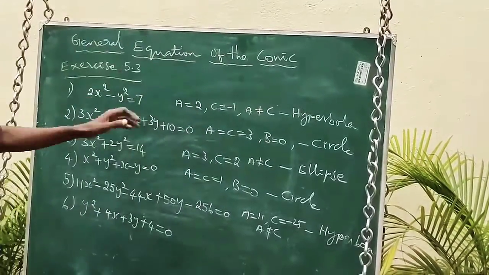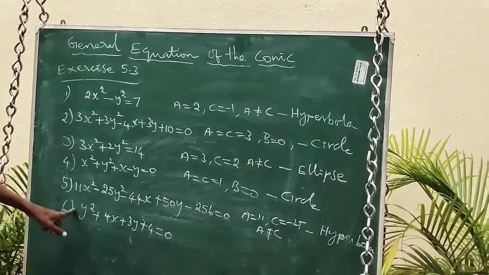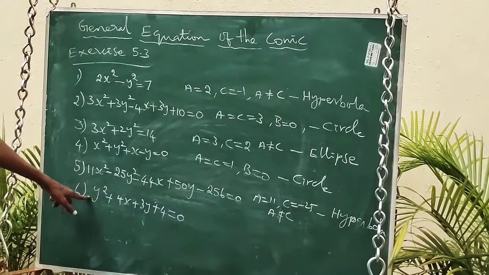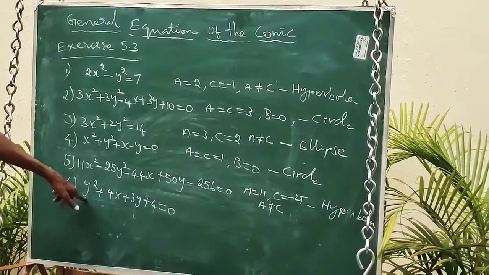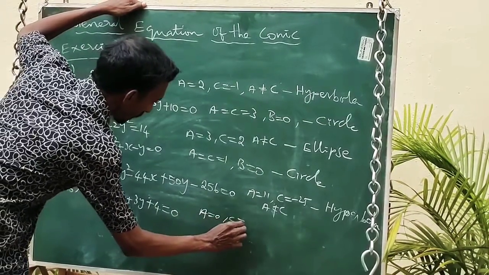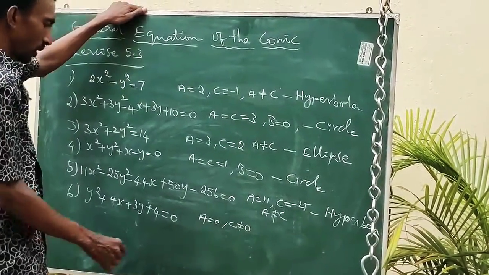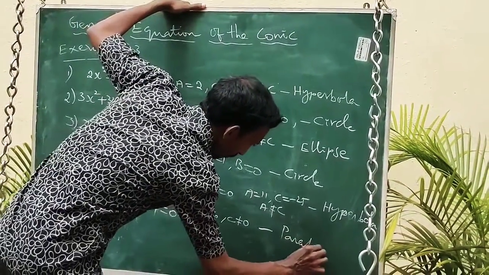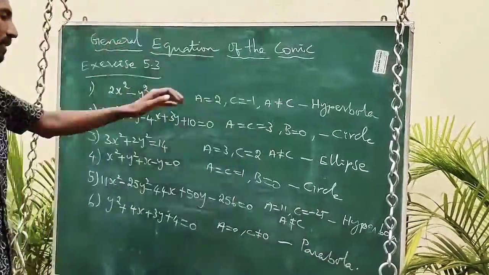Okay. So last one, look at here, there is no x square term, that means A is 0 but C not equal to 0, therefore it is a parabola. So very easy exercise, that's all.